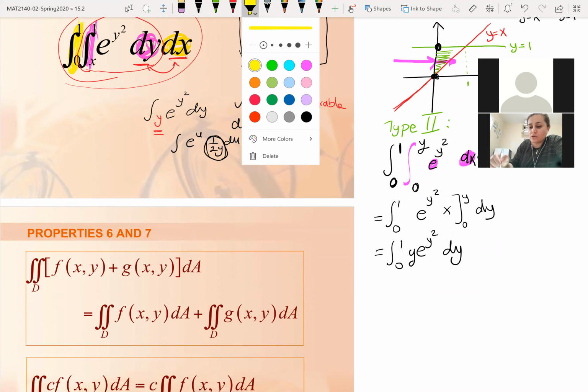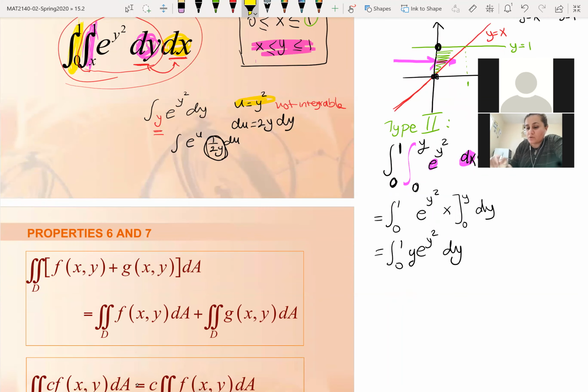to do the u substitution. So if you do the u substitution over here, where you had a missing y, now that missing y is coming. So then you can just do whatever you have done in Calculus 1 as u substitution. Sorry, that was du equals y dy.